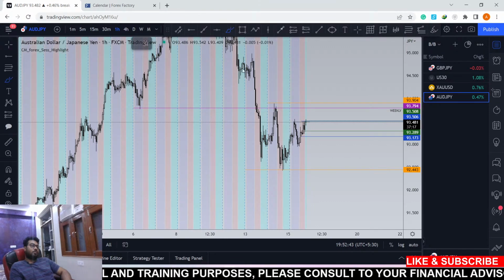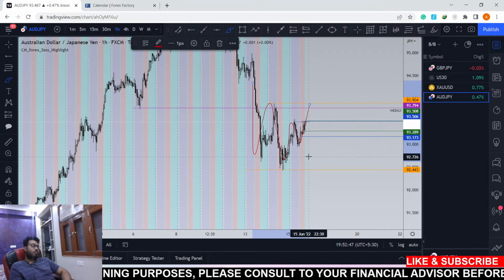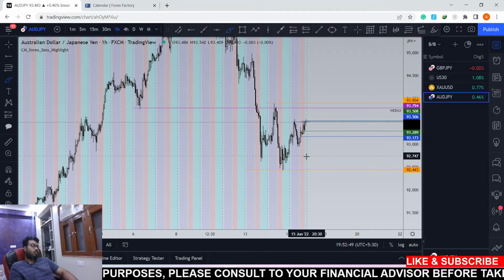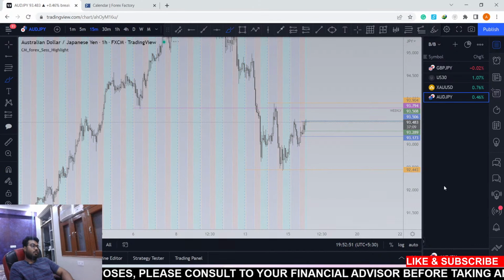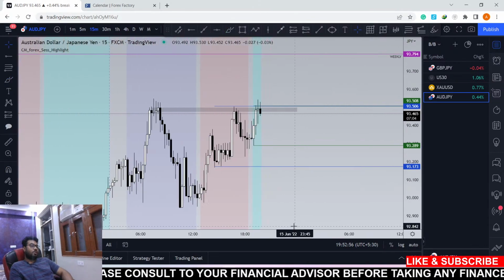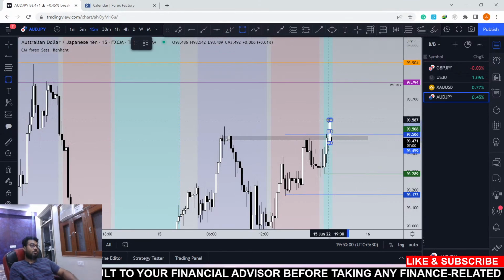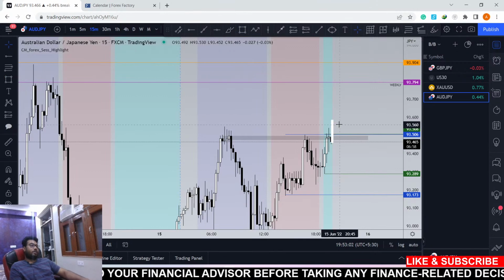This is probably some sort of head and shoulders pattern. It's good. To get a nice bullish close, that would be a nice entry to take at around this area.